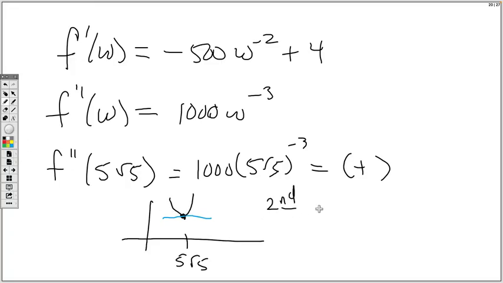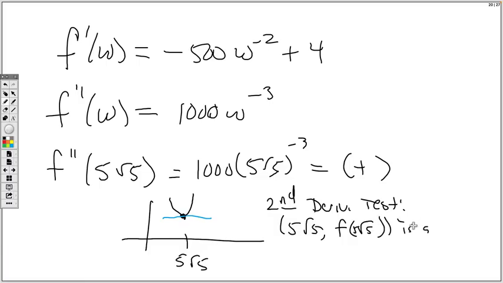So the second derivative test says that 5 root 5, comma, whatever the function value is there, is a local what? If it's concave up and flat, it's a local min. And then the lone critical value property says that not only is it the local min, it's the what? It's the absolute min as well. So once again, you see how those two concepts pair off together?